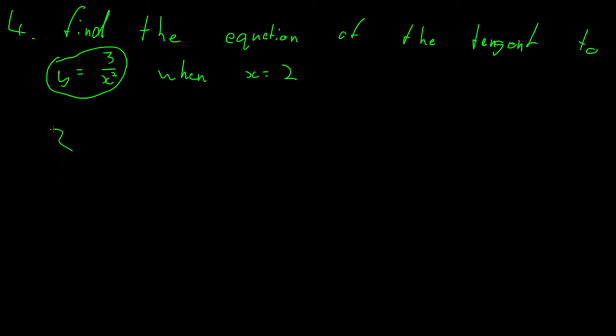So I'll say y equals 3x to the power of minus 2. Then from there, we'll take the derivative: minus 2 times 3, minus 6x to the power of minus 3. Okay, and then we'll put this on the bottom.